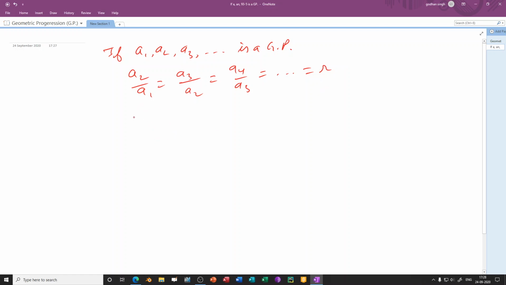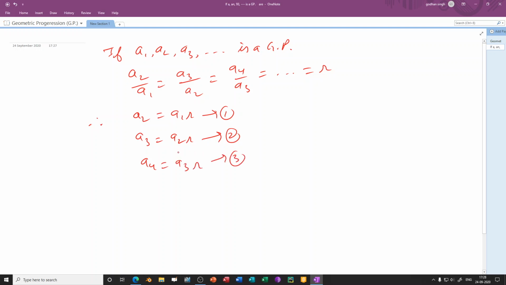Comparing them, we can say that A2 equals A1R, that will be equation 1. If we compare the second ratio with R, we get A3 equals A2R. Similarly, comparing the third ratio with R, we get A4 equals A3R.